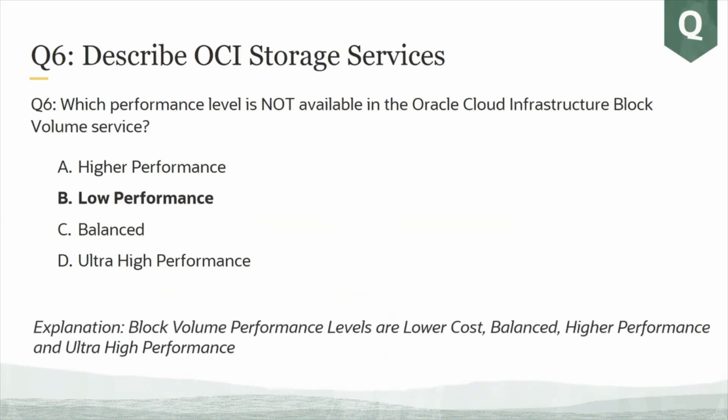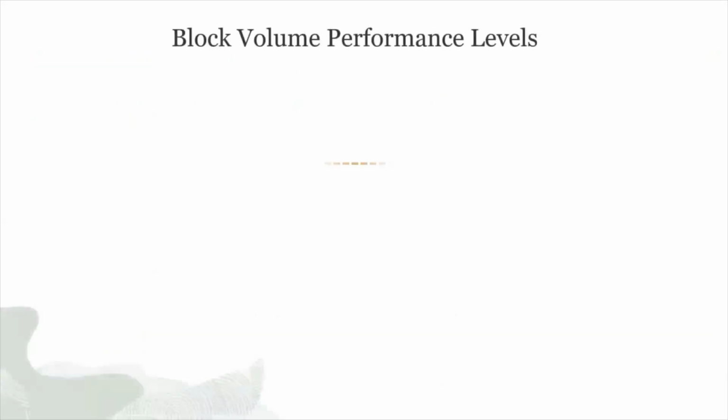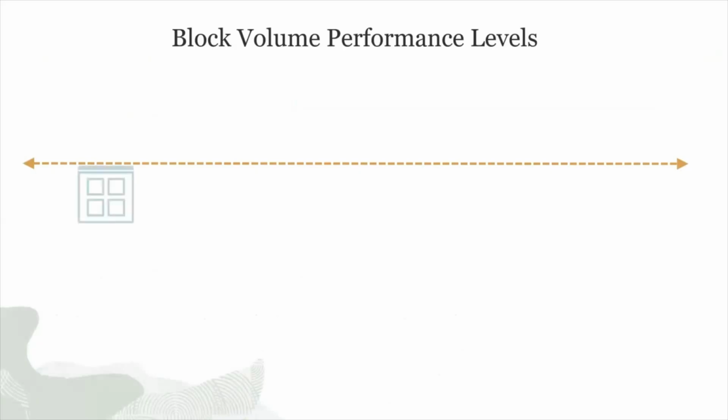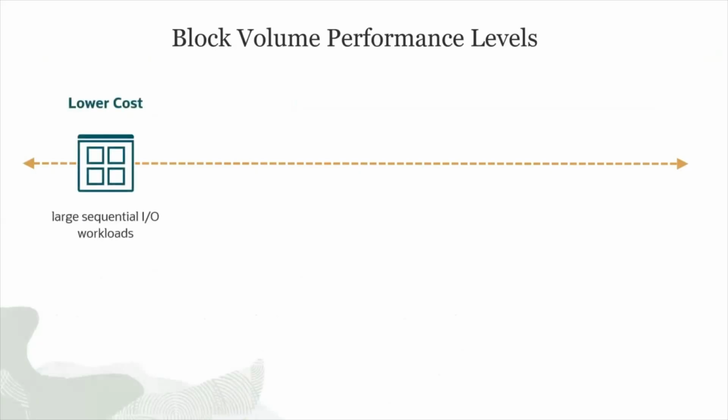Alright, so the correct answer here is the tier which is not supported is low performance. In fact, there is no tier called low performance. There is a tier called lower cost, but there is nothing called low performance. And we covered this in the theory lesson for block volume. For block volume, we have multiple tiers. There is lower cost, which is good for large sequential IO workloads.